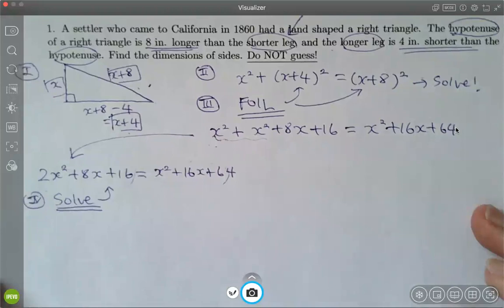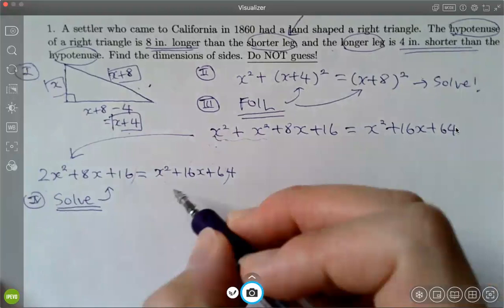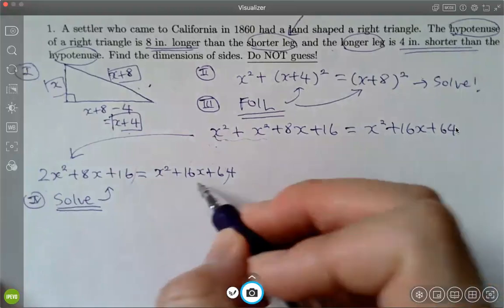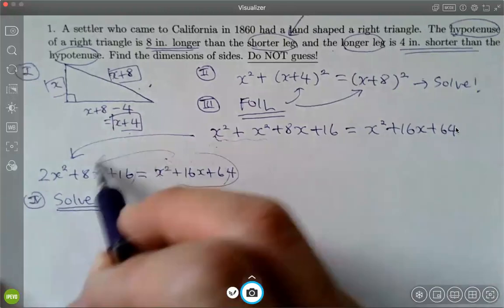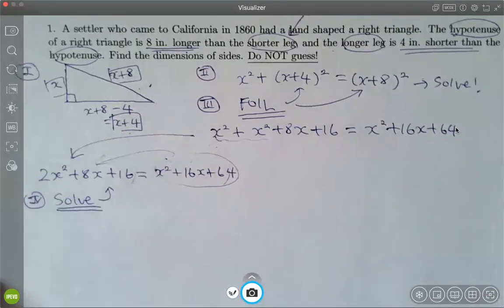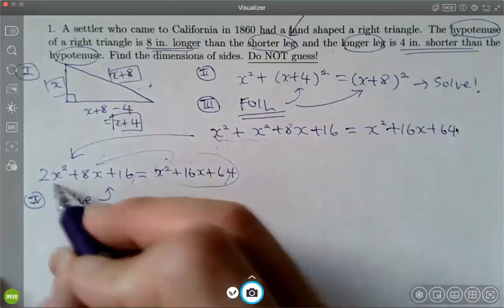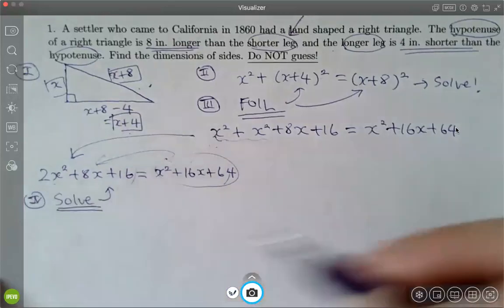Keep x on the left. So subtract x squared, 16x, and 64. In other words, move all of these to the left. Do you see why? If we go the other way, what's the problem? The sign of x squared becomes negative x squared, right?